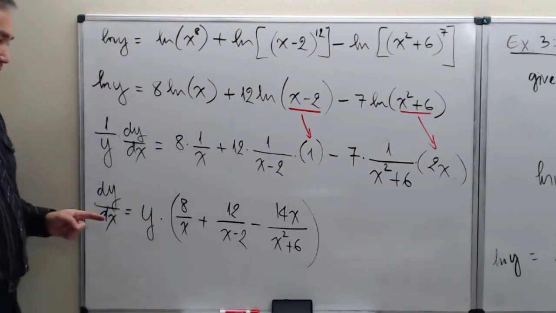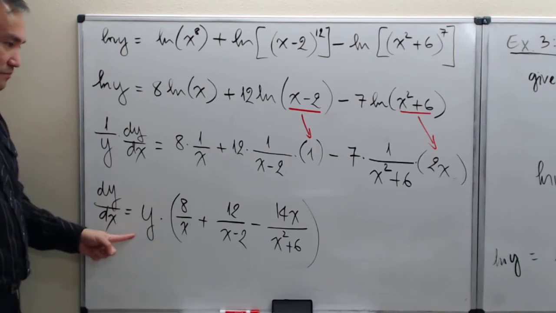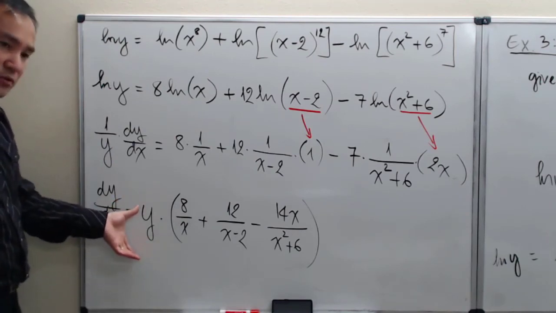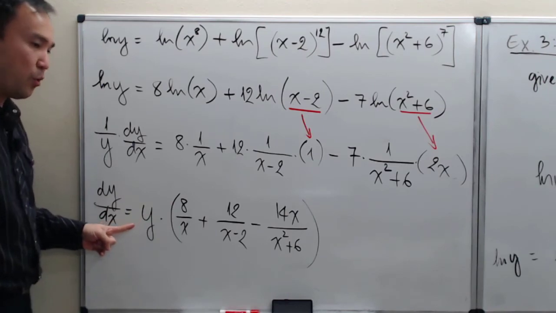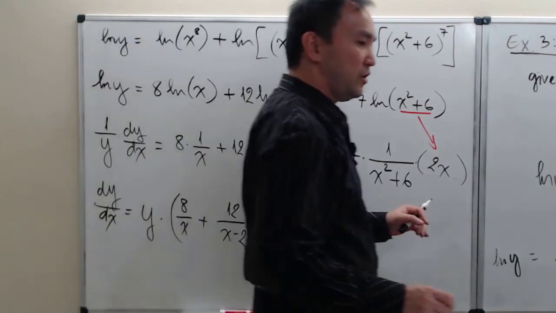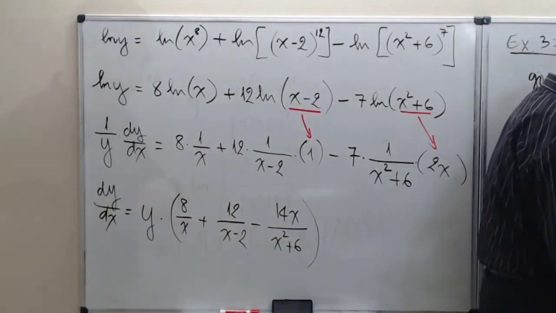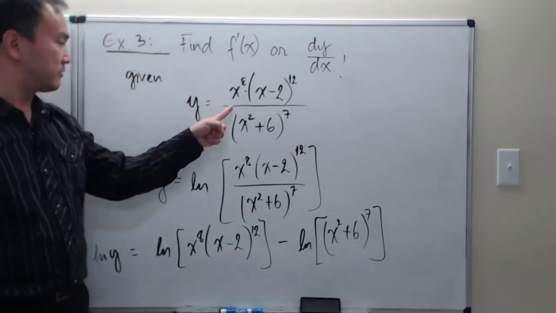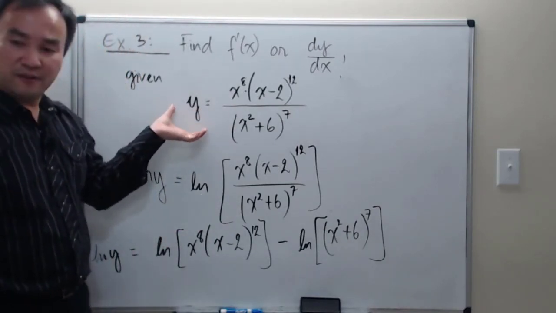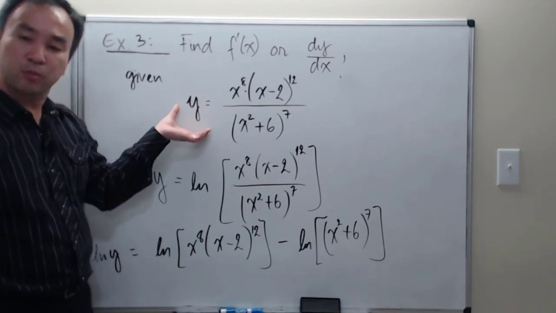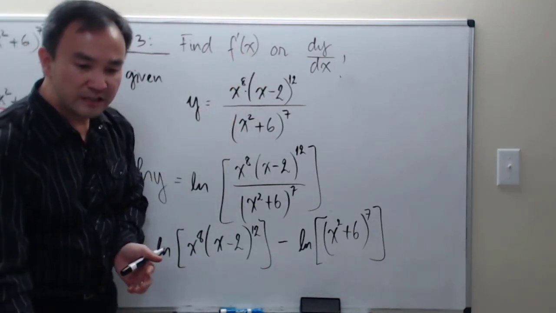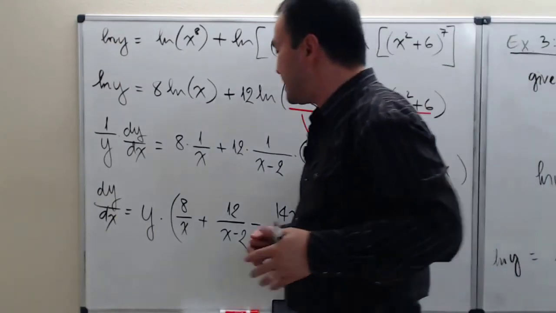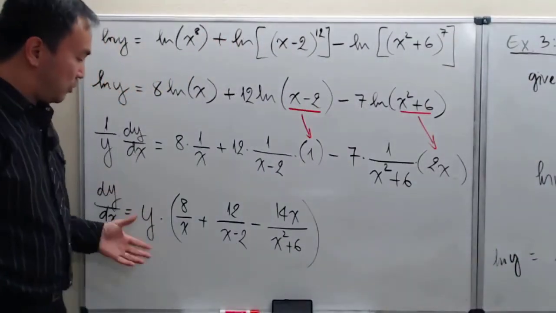All right, and at this point I'm not quite satisfied with the way it looks right now, because I don't want my final answer to involve a y variable. We have to remind ourselves that in the very beginning of the problem, our function was expressed explicitly as a function of x. So we have no reason to leave the y variable here in our problem.